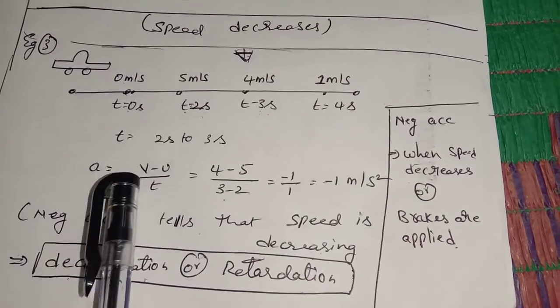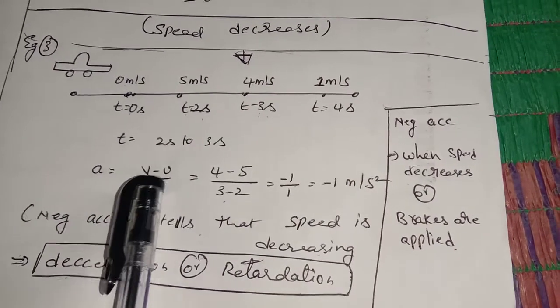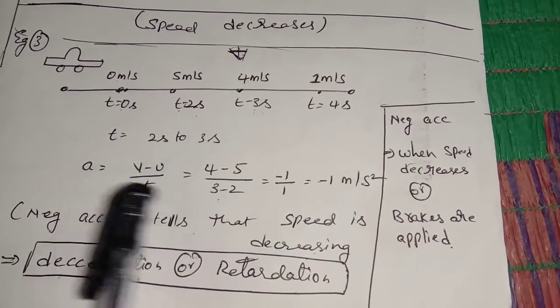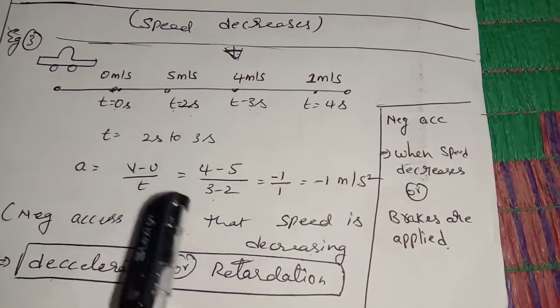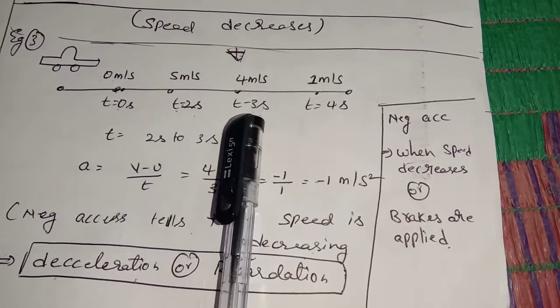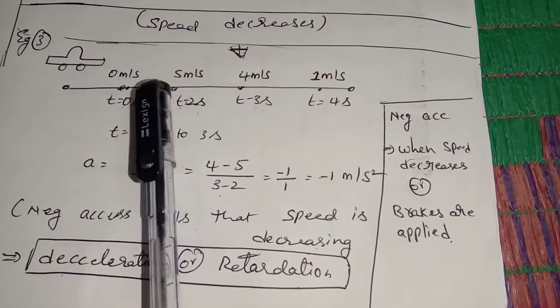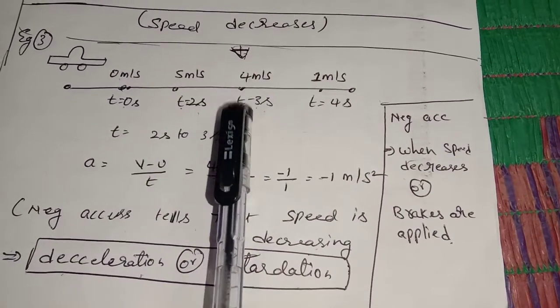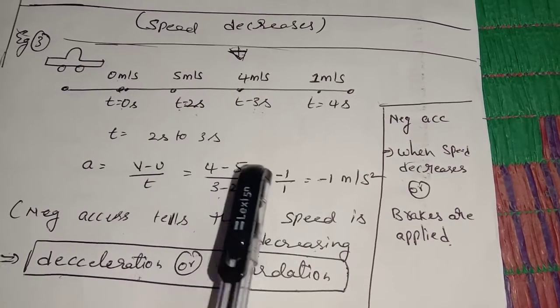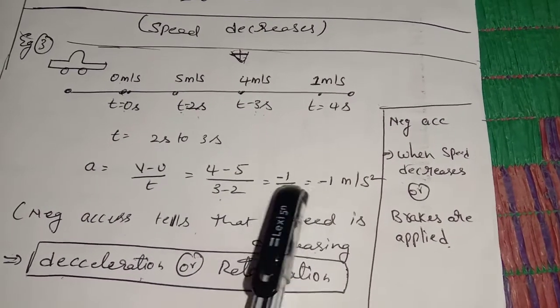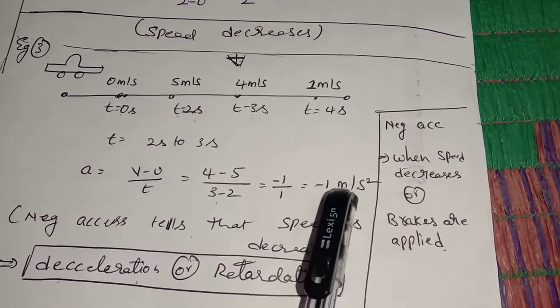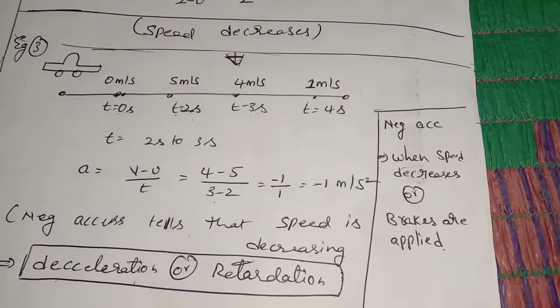Acceleration is equal to final velocity minus initial velocity divided by time. The final velocity at time 3 seconds is 4, minus 5, divided by 3 minus 2. That is nothing but minus 1 by 1. You will get minus 1 meters per second square.